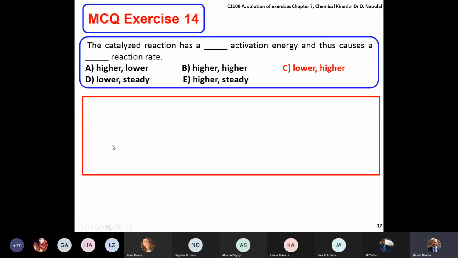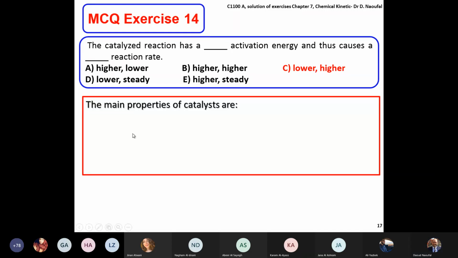Exercise MCQ 14. The catalyzed reaction has blank activation energy and blank rate constant. We have to fill the blanks. So what is the effect of the catalyst on the activation energy, and what is the effect of the catalyst on the rate of the reaction?